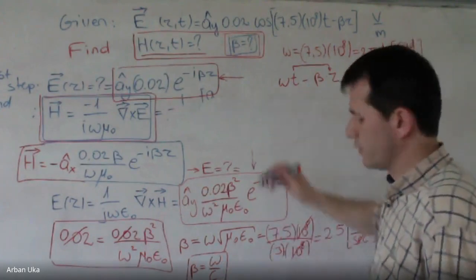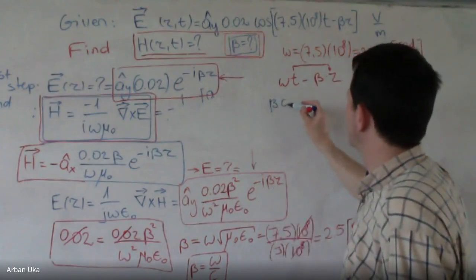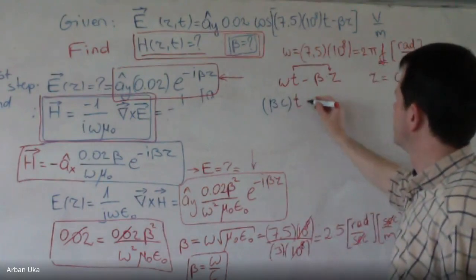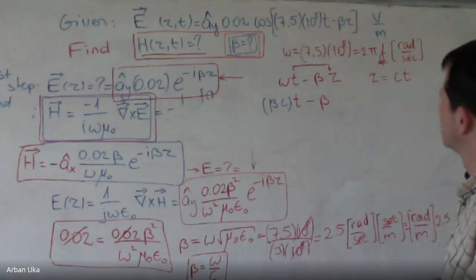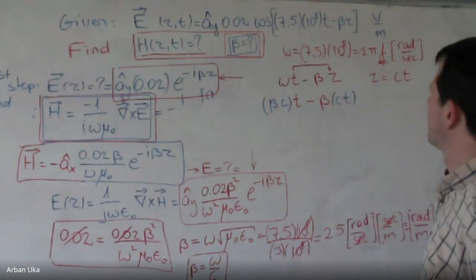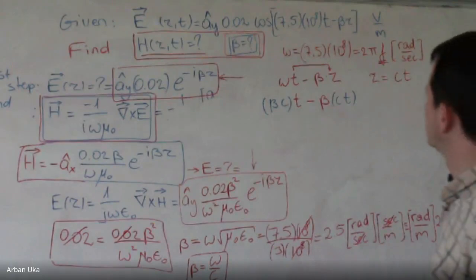So here we can write the following. Instead of omega, we can write beta times c, times time, minus beta times z. Z was Ct. So this is how these two quantities are related with respect to each other.